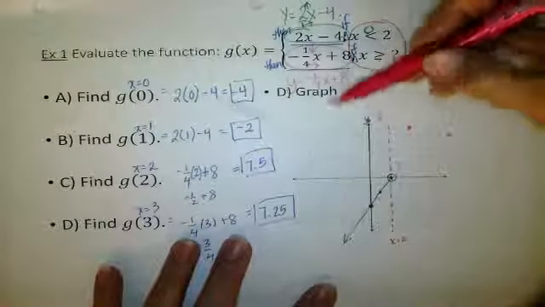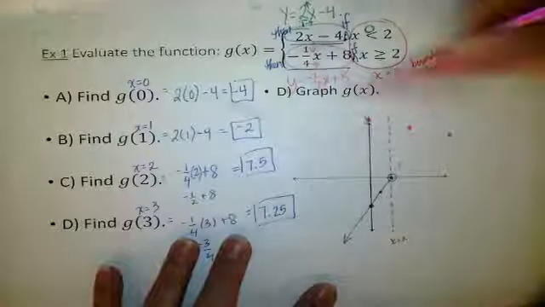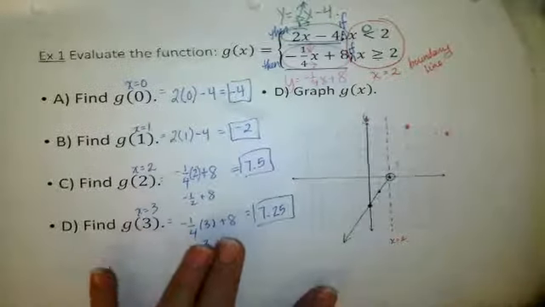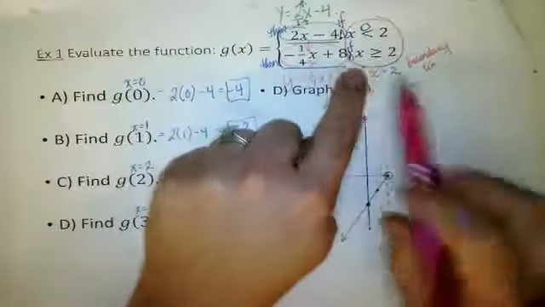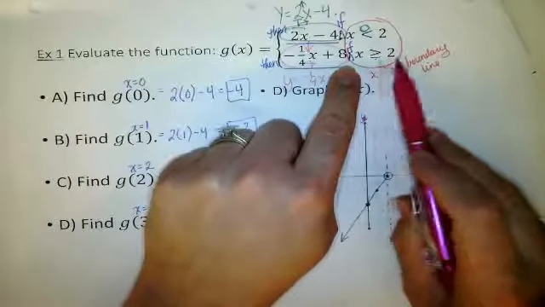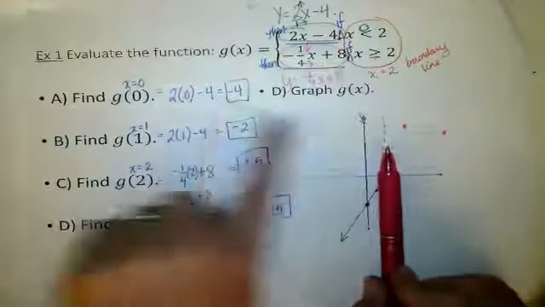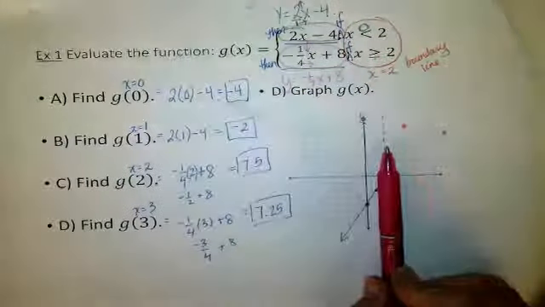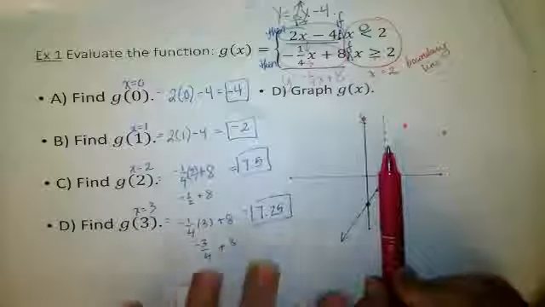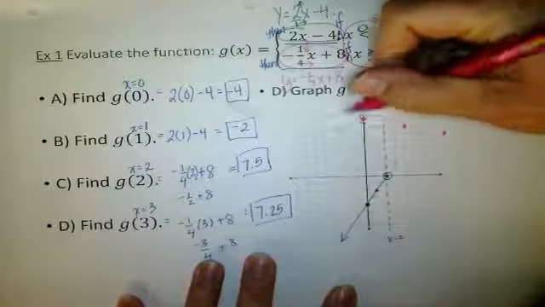This line normally would extend in both directions forever, but we don't want the entire line. We want the condition. The condition says we only want this line for x values greater than or equal to 2. So, do we want the left side of the boundary line or the right side? Right side. So let's say I draw my line.